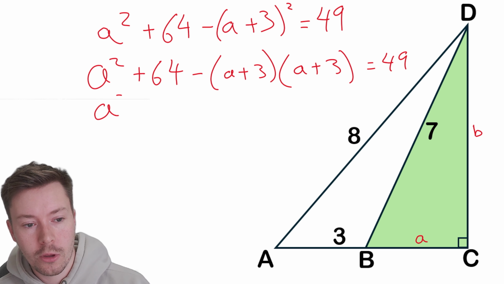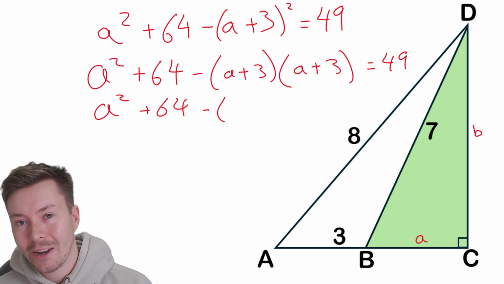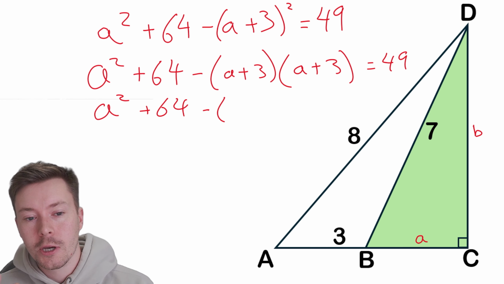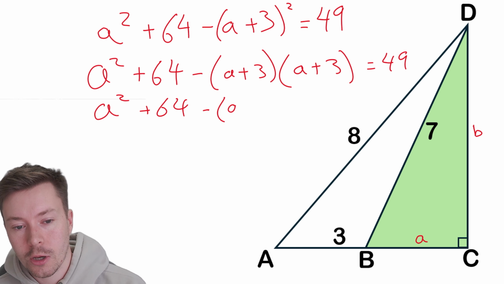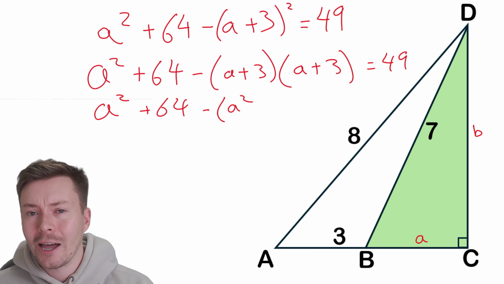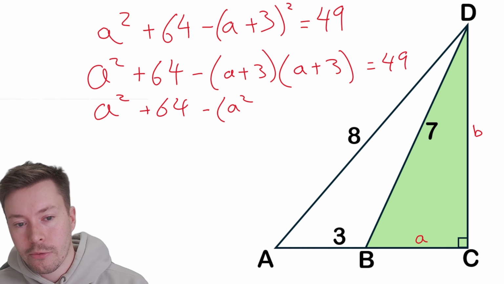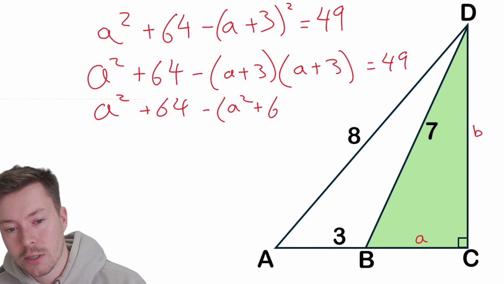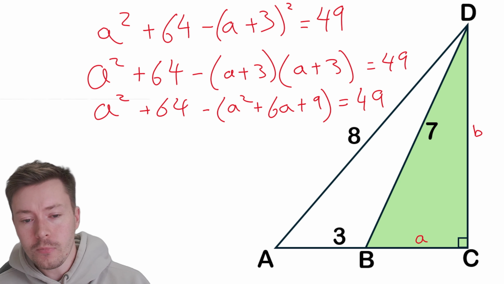Now you've got to be careful with that subtraction, because some people, if they're not careful, just subtract the first term, so they will just end up subtracting the a squared and not everything else. Just be careful about that. We're going to get 3 times a and 3 times a, so that is 6a. 3 times 3 is 9, equals 49.